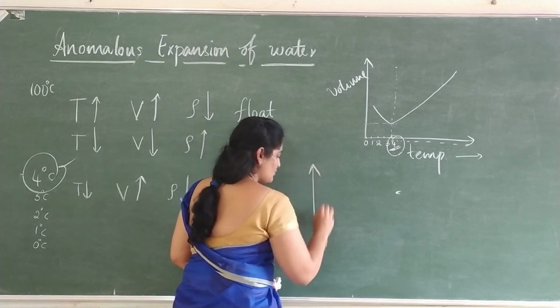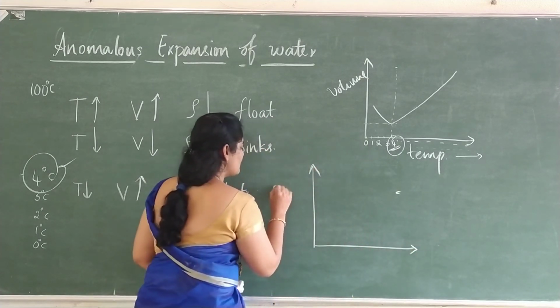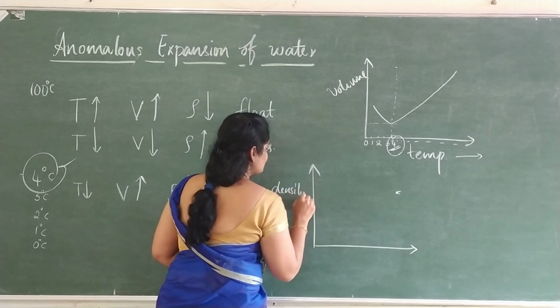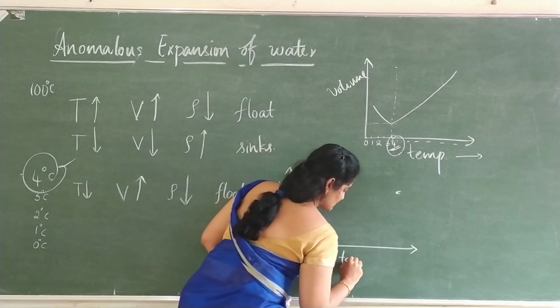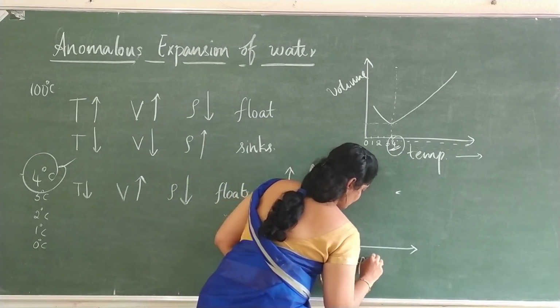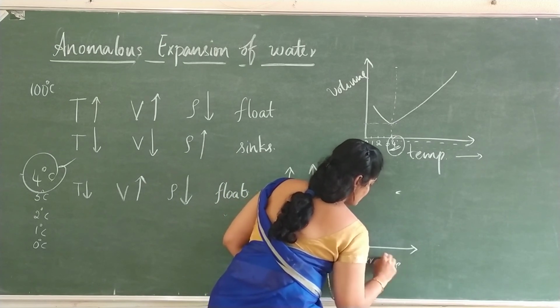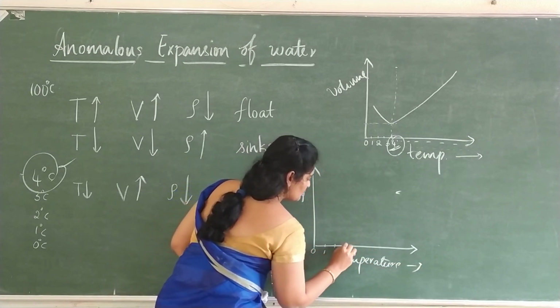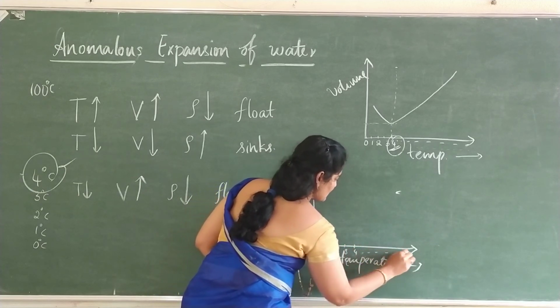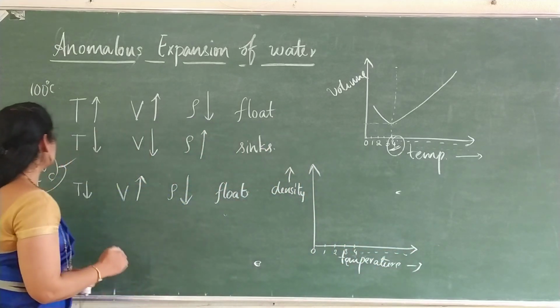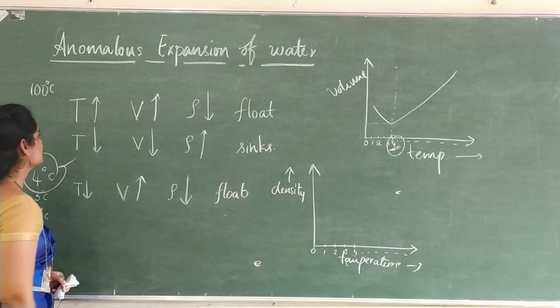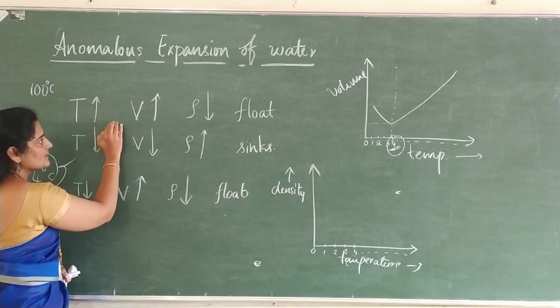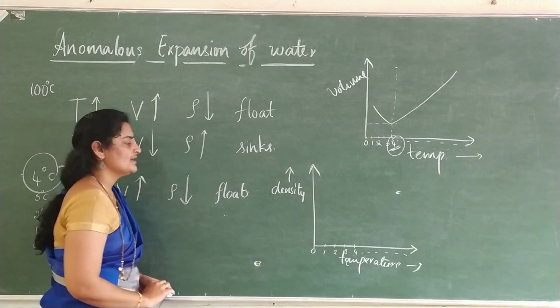Similarly, if I draw a graph of density versus temperature, density versus temperature, this is 0, 1, 2, 3, 4, etc. We know that up to 4 degrees Celsius, if temperature is increased, density has to decrease.